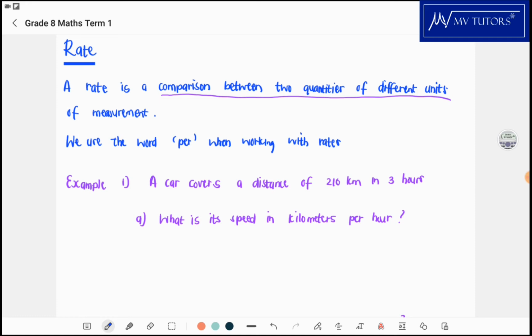Example one: a car covers a distance of 210 kilometers in 3 hours. We know the distance that is covered and we know the time in which this distance is covered. Now it says, what is its speed in kilometers per hour?